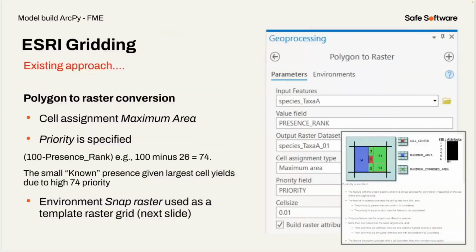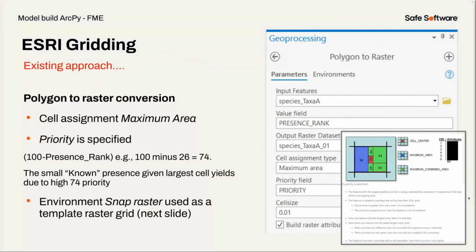So Esri gridding, for those familiar, is the polygon to raster tool, and the key, very functional part of this is specifying the priority, which helped very much assign grids, particularly around some of the smaller occurrences with a high ranking. You want those to be given more weight.